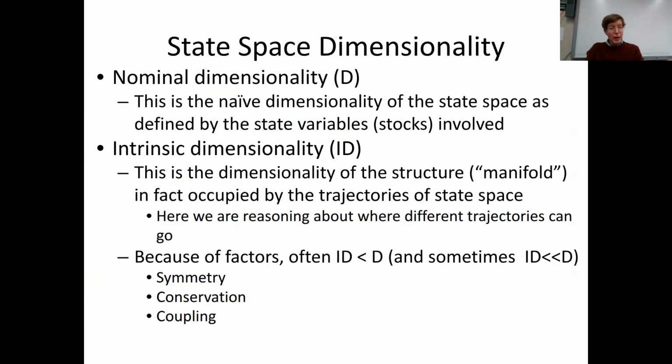And so it is with this notion of dimensionality: the nominal dimension, the ambient space within which the system is evolving, may be, and typically is, far, far greater than the intrinsic dimensionality, the dimensionality exercised within this.